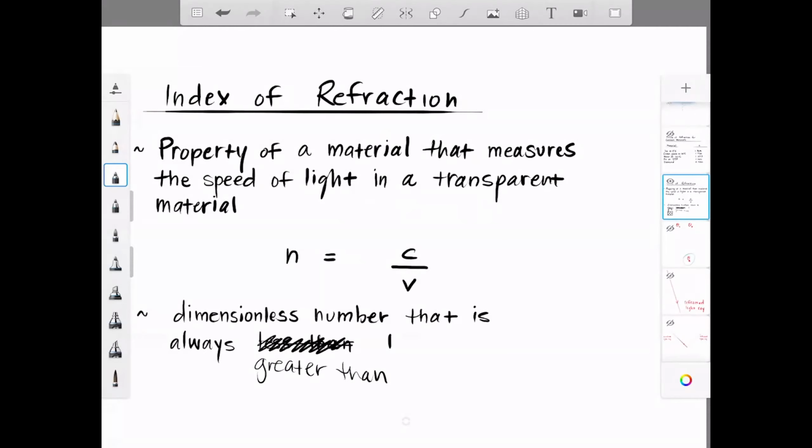If your index of refraction is 1, that means that the two materials that the light is traveling through are the same materials, or it could mean that there is just no refraction happening whatsoever. Okay, so it has to be 1 or bigger. So again, this is something that is dependent upon the material that you have. So let's look at a couple of indices of refraction for different materials.